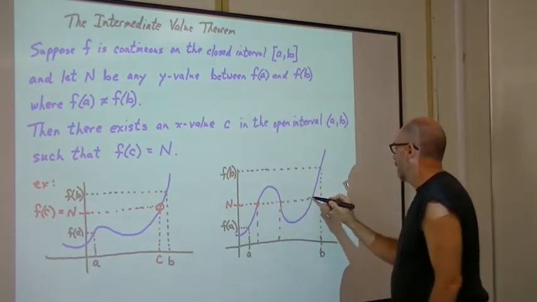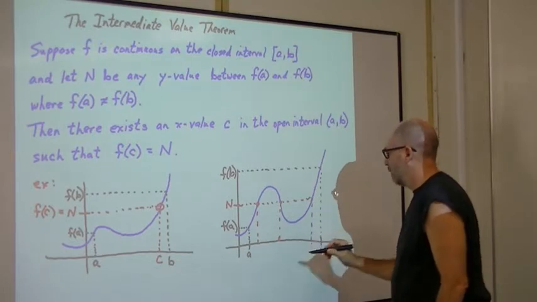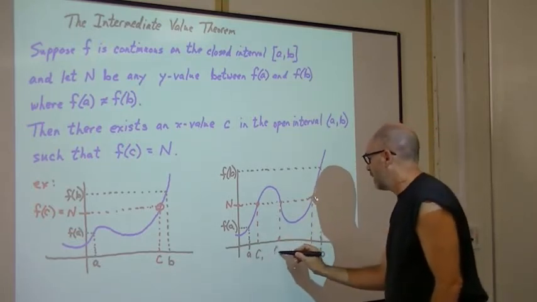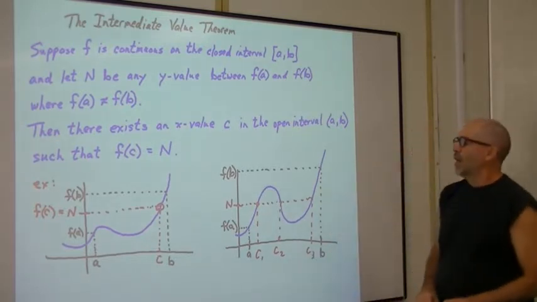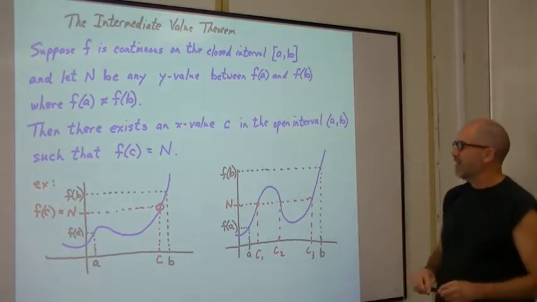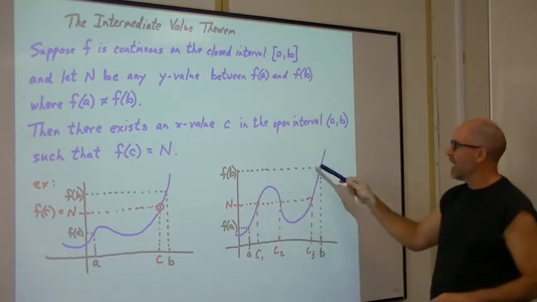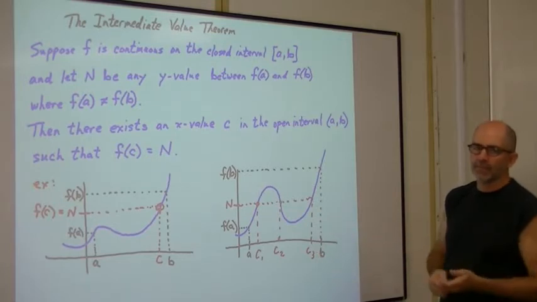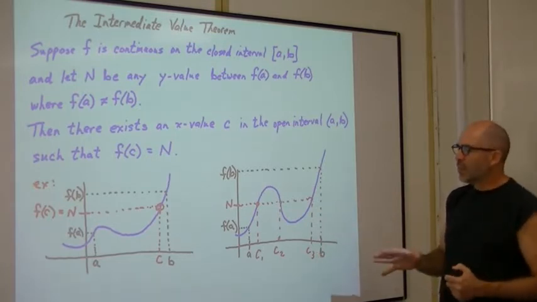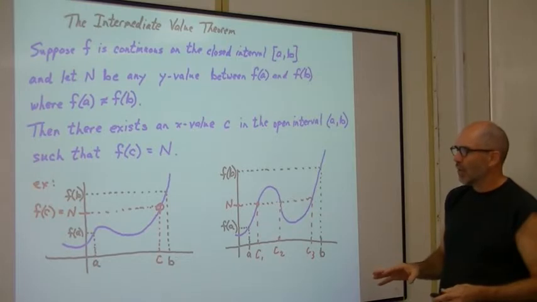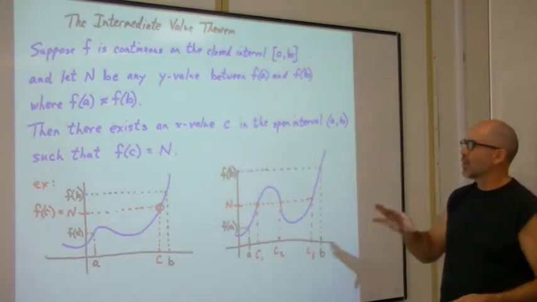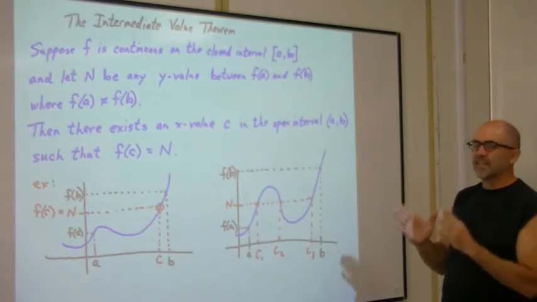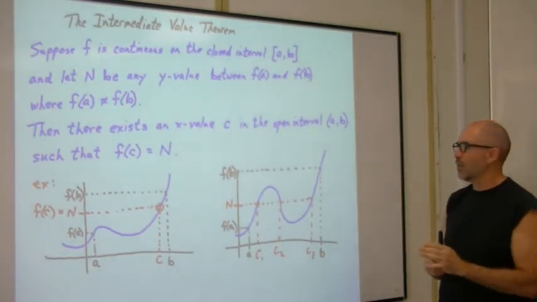And there's the last one. So we have c sub 1, c sub 2, and c sub 3. All this is saying is, if I go from low to high, I have to cross through every point in between. And this is what we did last year when we were looking for zeros. Remember, we're looking for the integer in between which there's a zero.